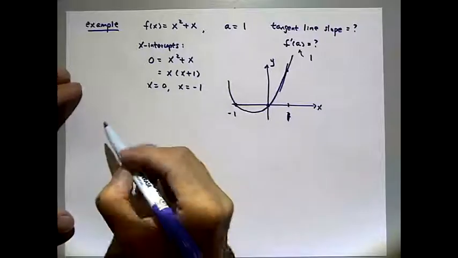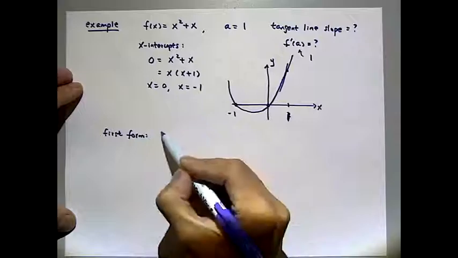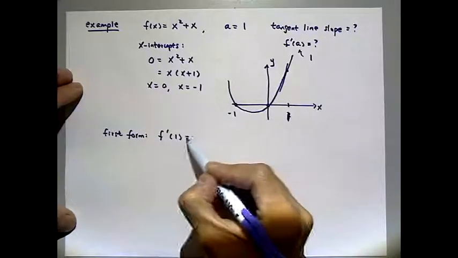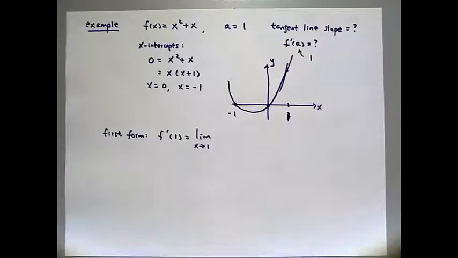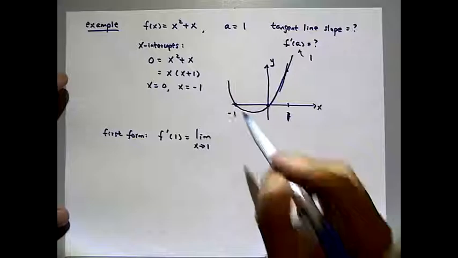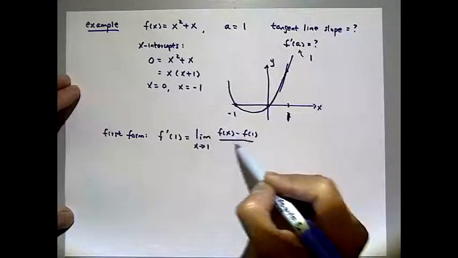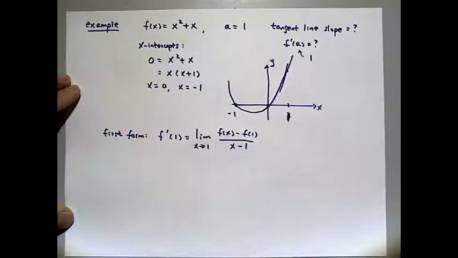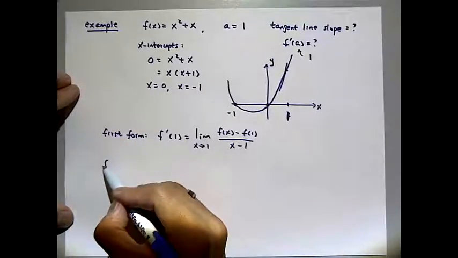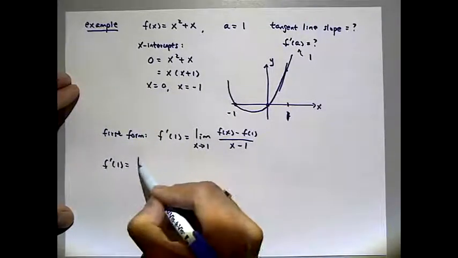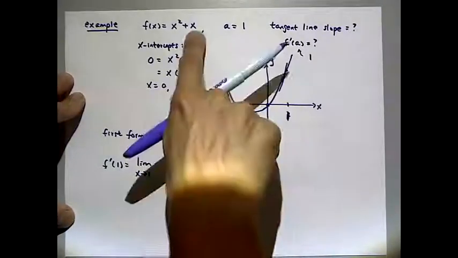Okay, so let's try the first one. f prime of 1 is the limit as x goes to 1. I'm looking at the top of the last page. f of x minus f of 1 over x minus 1. f of x is equal to that.